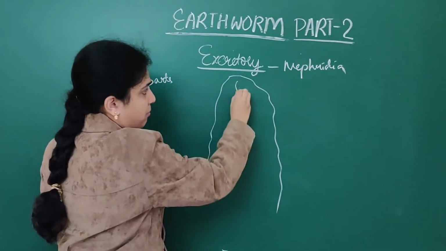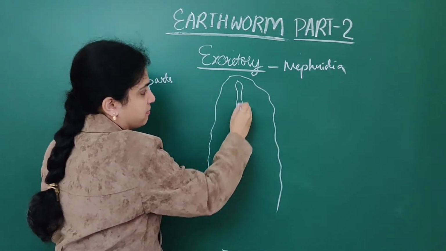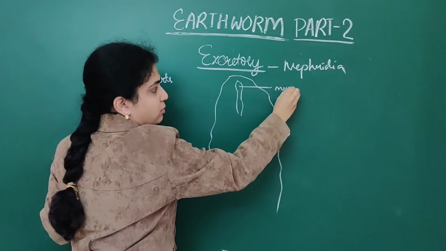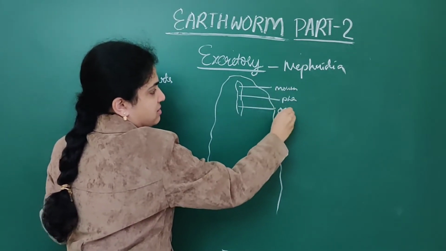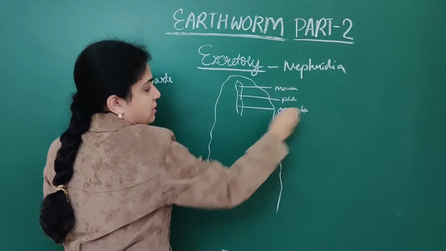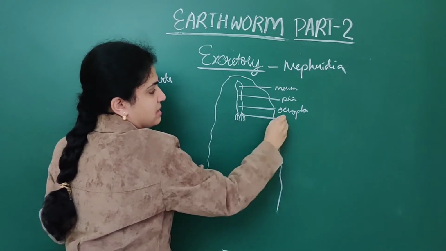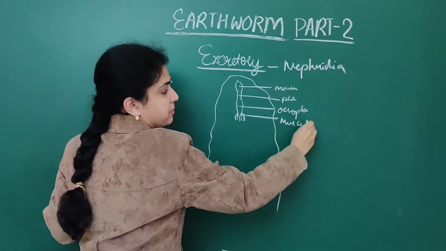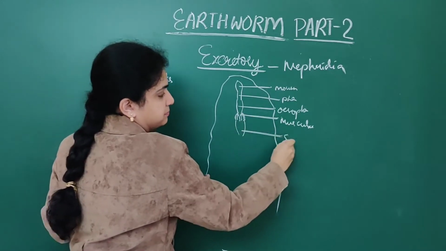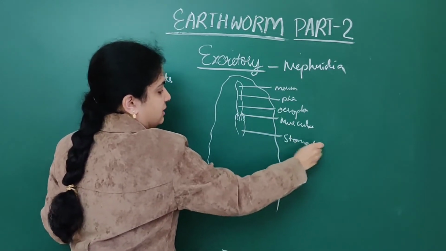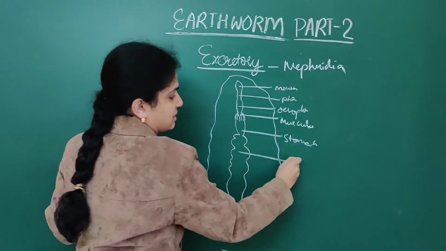Then here is the mouth, pharynx, then esophagus, then the muscular gizzard is present, then here the stomach is present. Then finally the intestine is present from here, from the 15th segment.